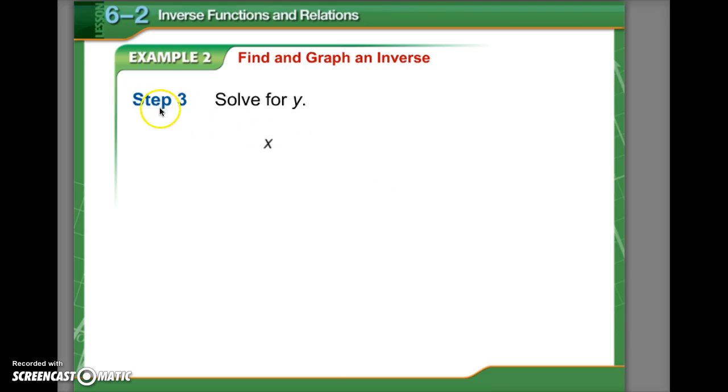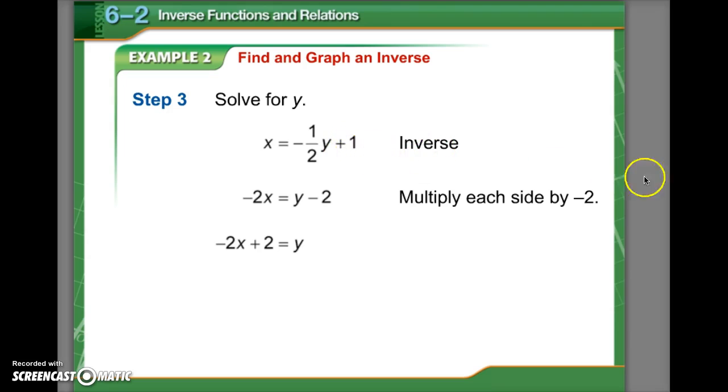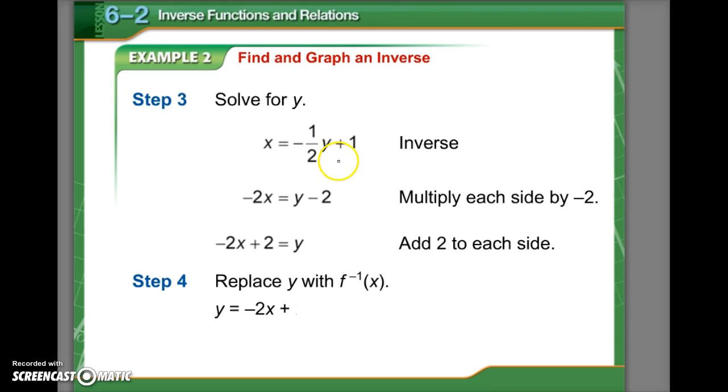And then step 3 always is going to be solving for y. So what we need to do here is, first, multiply each side by -2. So we're going to do this whole thing times -2, and this thing times -2.